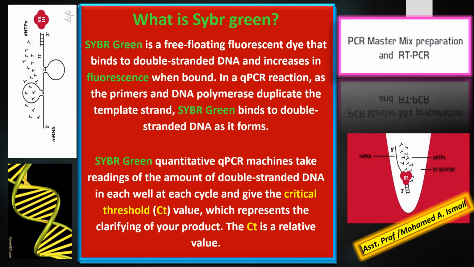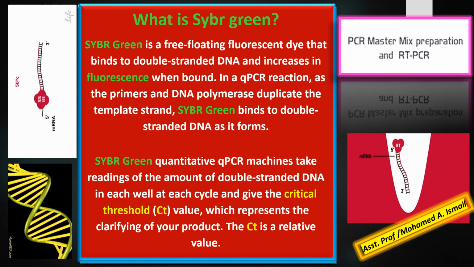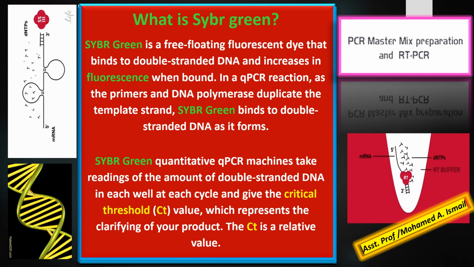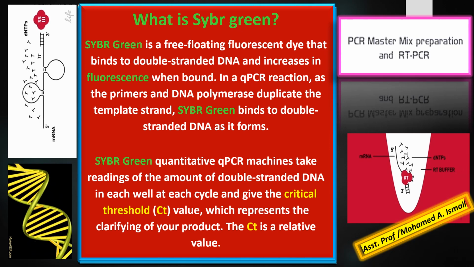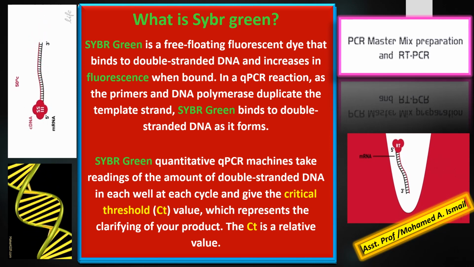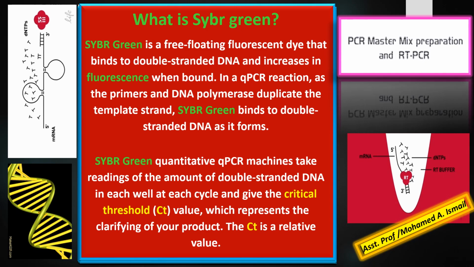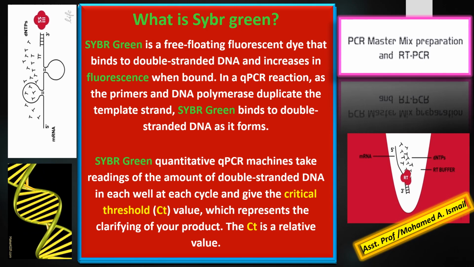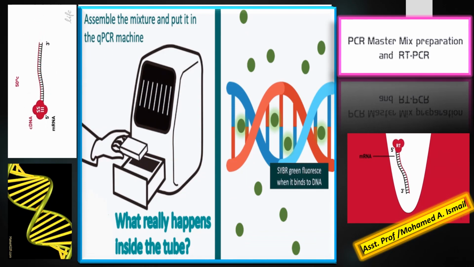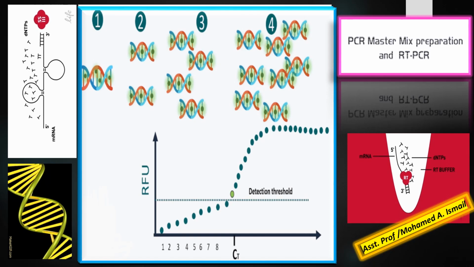Quantitative PCR machines take readings of the amount of double-stranded DNA in each well at each cycle and give a critical threshold, or CT, value, which represents the quantification of your DNA products by fluorescent dye.